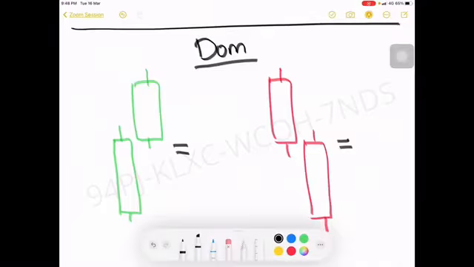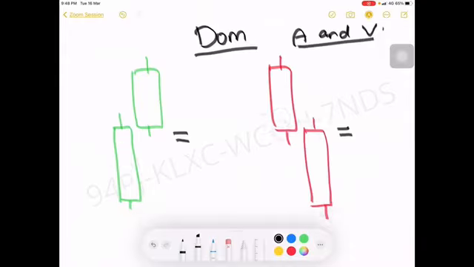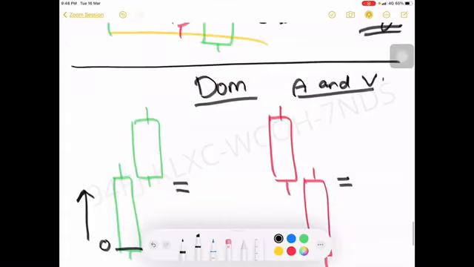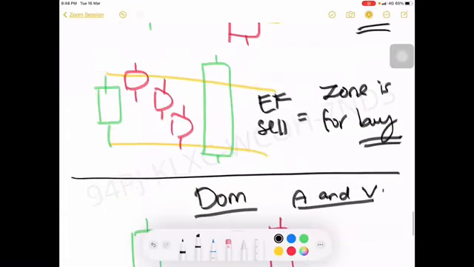Why are we looking for DOM? Because we are looking for the A and the V, the OHLC.